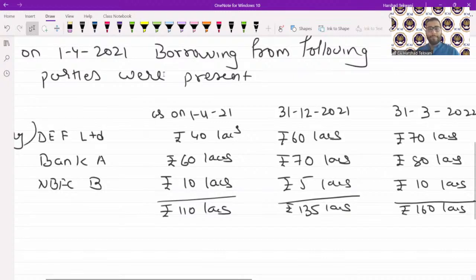Come on, guys. So now the company is a service provider, paid up capital 90 lakhs, turnover 5 crore, and the borrowings are on your screen. You tell me CARO 2020 will be applicable or not? Come on, guys. Pretty simple. Trust me.